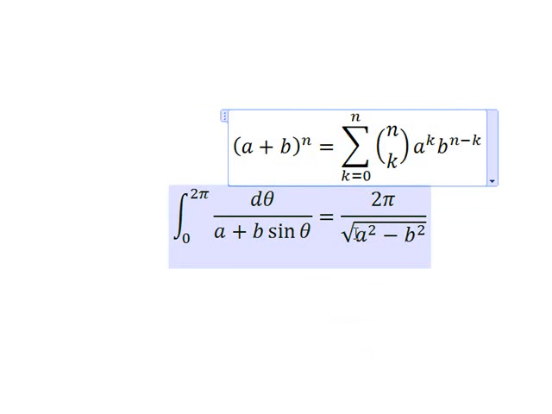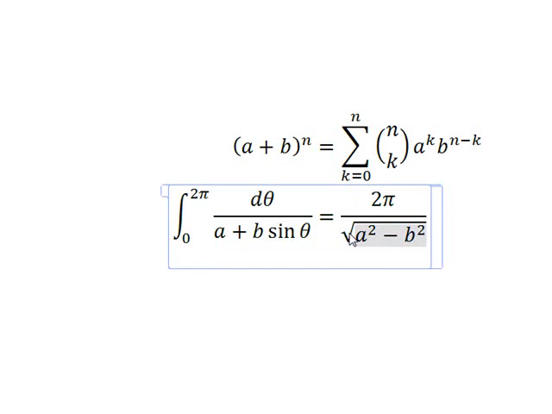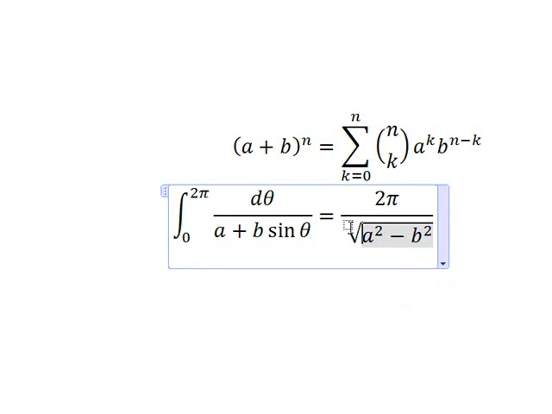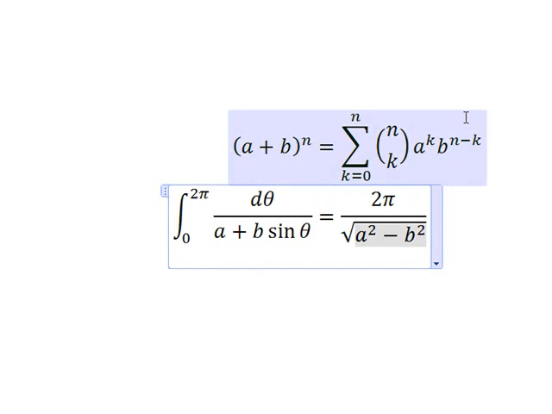Another thing one could do is change this from a square root into an nth root by doing a right mouse click on the radical and choosing show degree. Now I get a little space there for the degree, and I can put in n for nth root. But I'm going to hit Control Z twice, which is the undo key, because this would only be valid if n were equal to 2. So undo, undo, and now we're back to where we were.